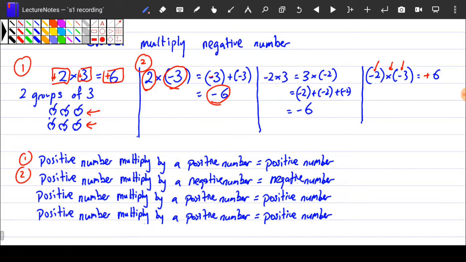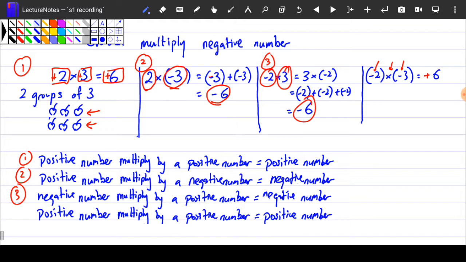Now third scenario, negative number times positive number will give you a negative number. So let me erase this positive and erase this positive and change with the word negative and negative.